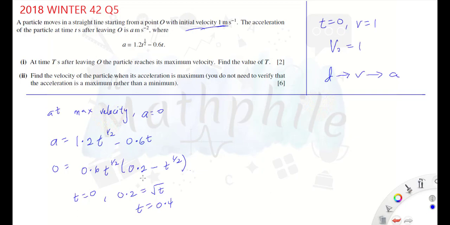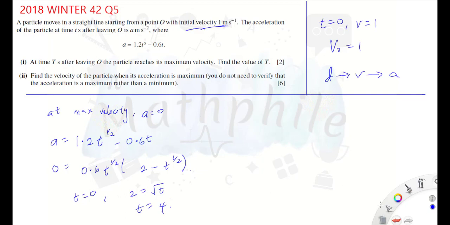Yes, that is very true. Let me just explain this one. So the answer is 4. My bad. So 0 and 4 seconds. Can we continue, please?